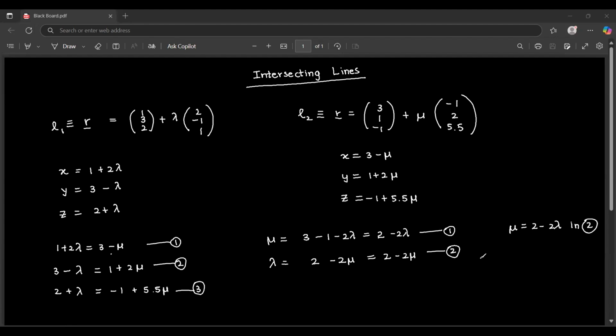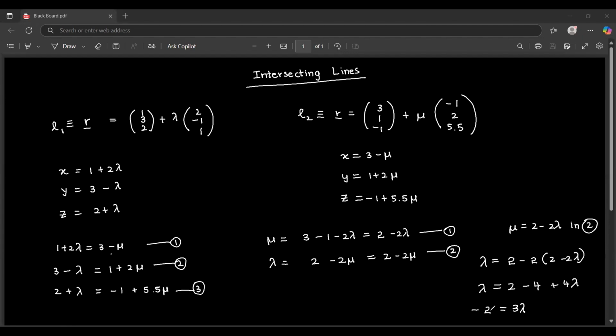So lambda is equal to 2 minus 2 into 2 minus 2 lambda. So that is equal to 2 minus 4 plus 4 lambda. So that will be 3 lambda equals negative 2.